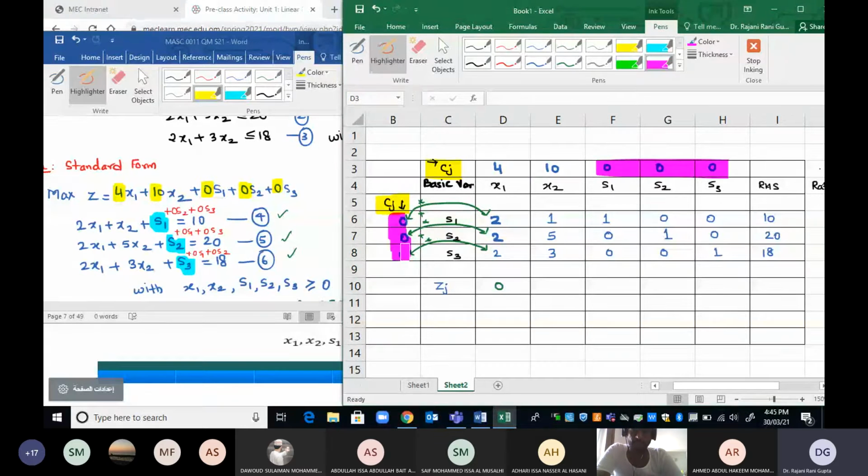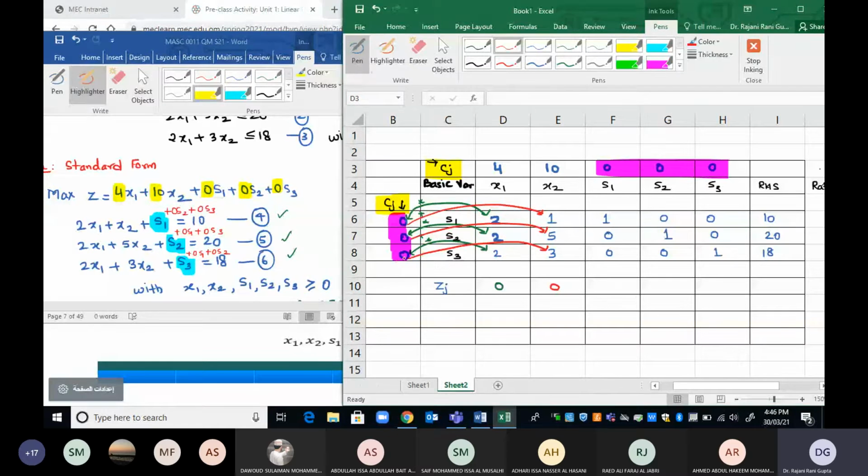Welcome. So Zj becomes 0. Now when we want to calculate for x2, this 0 is multiplied with 1, 0 multiplied with 5, 0 multiplied by 3, and we add them. As all of them are 0, it will again become 0. Similarly, when we calculate Zj corresponding to S1, 0 multiplied with 1, 0 multiplied by 0, 0 multiplied by 0 and so on.